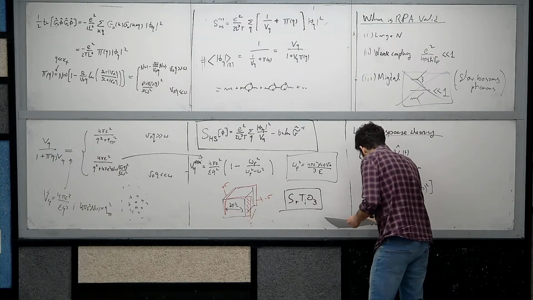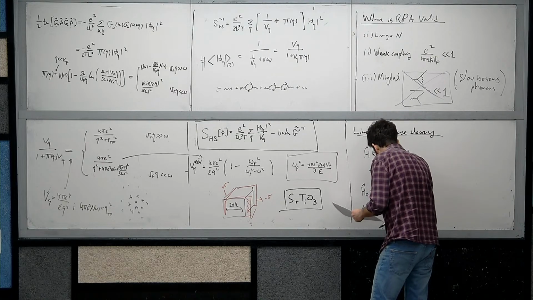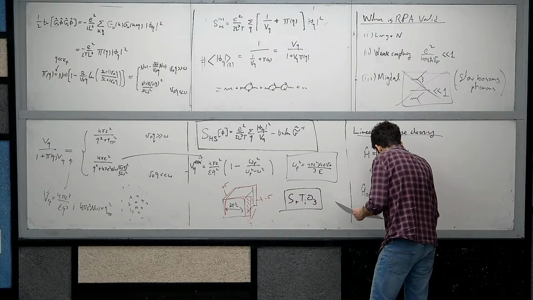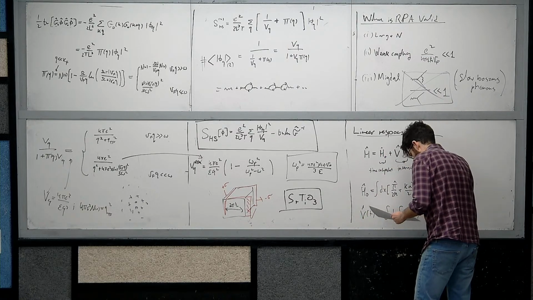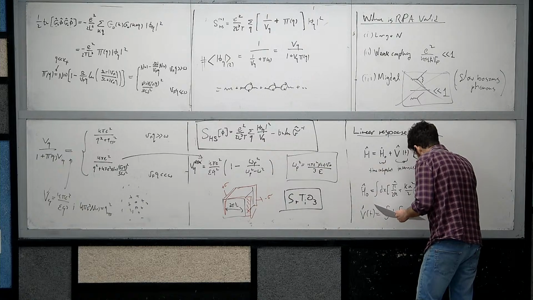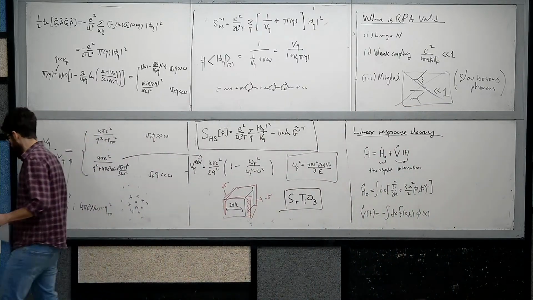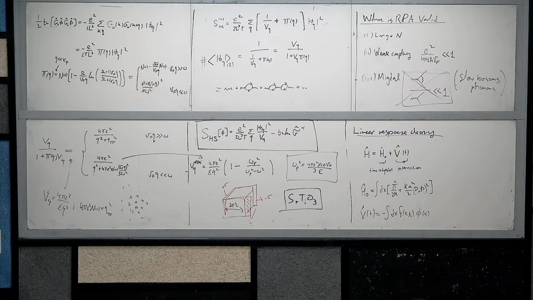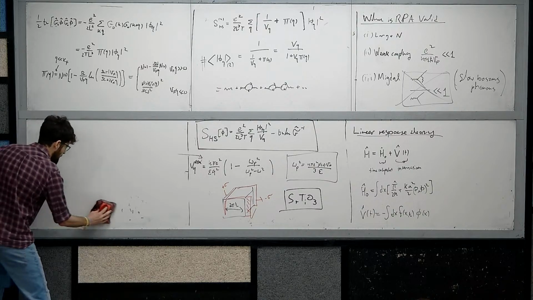And this V of t is something where there is some field F, a driving force, and phi couples to this phi.